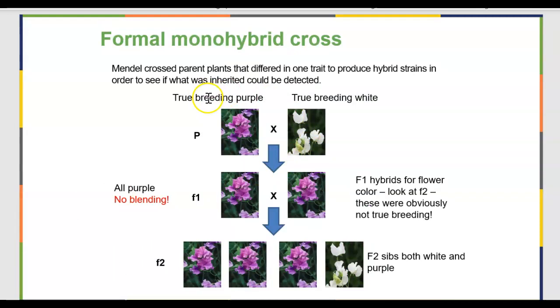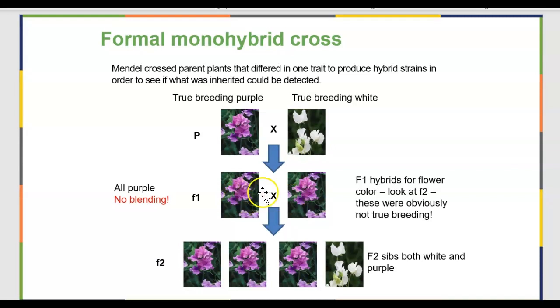But we can also take some plant that's true breeding for purple and take another variety of that pea plant that's true breeding, but in this case for a white flower. When we breed those two together, or when Mendel did rather, he got purple. There's no white.